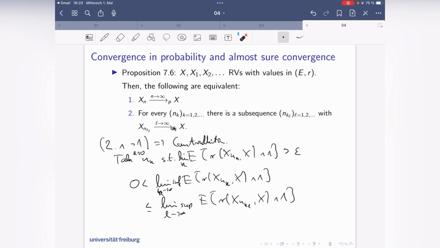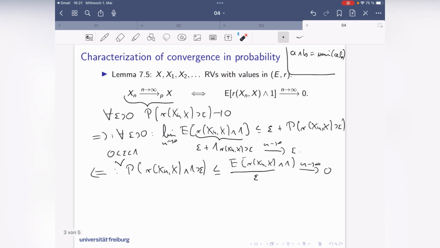So we now know this here converges almost surely to 0. It has a dominating function, which is 1, which means we can exchange the expectation and the limit, which means this here is 0. And now we have a contradiction, because 0 cannot be less than 0. Okay, great. And that means we are done, because that shows 2 implies 1.